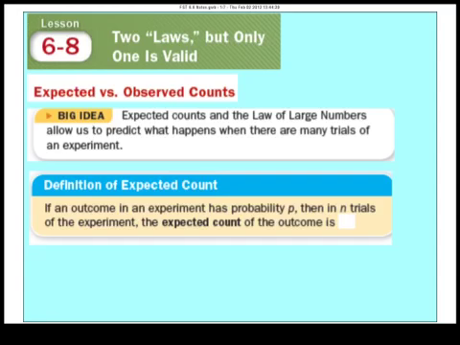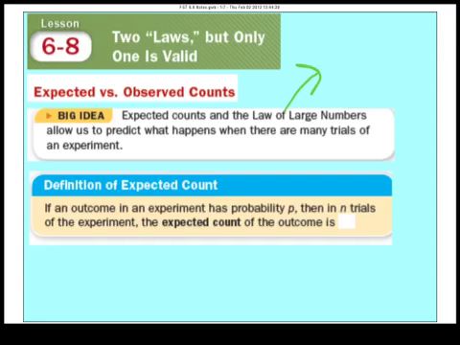Expected versus observed counts. Expected counts and the law of large numbers allow us to predict what happens when there are many trials of an experiment. For example, if I tossed a coin 500 times, what's the probability that I'm going to get heads? Well, the theoretical probability of getting heads on one coin is 1/2, but what is the expected outcome?